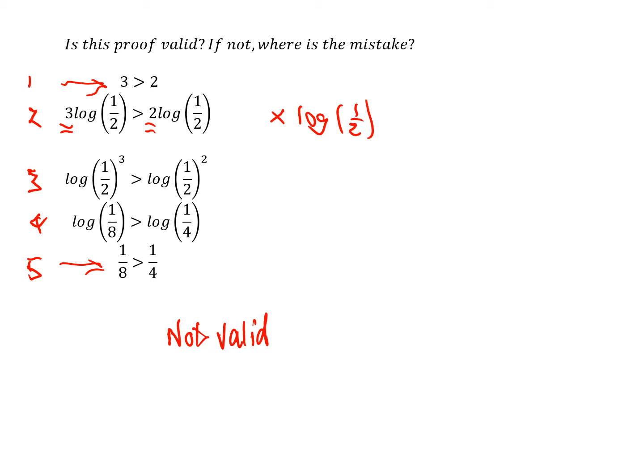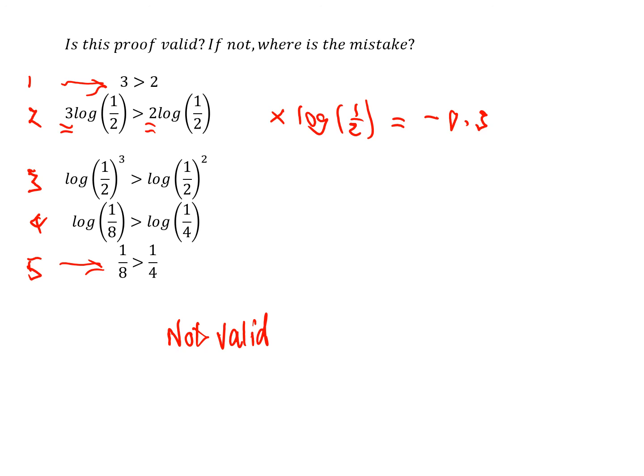What is log of a half in decimal? It's around about 0.3 negative. So if you remember back to GCSE, what must we do to an inequality when we multiply both sides, or indeed divide both sides by a negative? We must turn the inequality round.